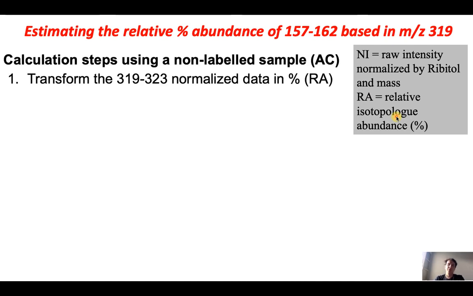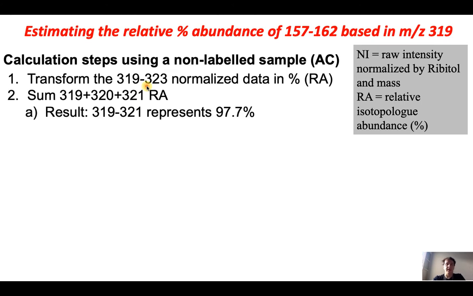So to do the calculations, we started with a non-labeled sample, the control that you use in every run in the group. We transform the data of 319 and 223, I mean the whole fragment, into relative abundance, so the total is 100%, and the 319, 320 has a percentage of this 100%.